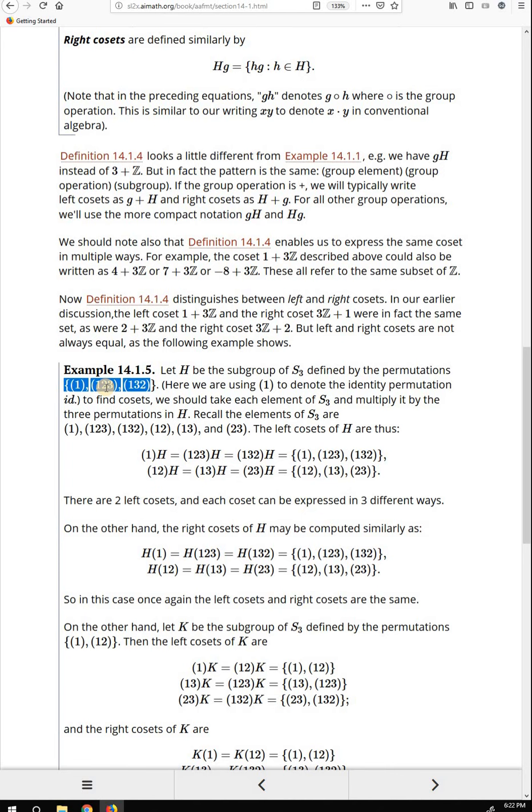You can work out that that's 1, 3, 2. And then you get 1, 2, 3 times 1, 3, 2. You can work out that that's 1. So if I take this element times this set, I'm going to get this set again. And same with this one. Are you tracking with me? Does that make sense?